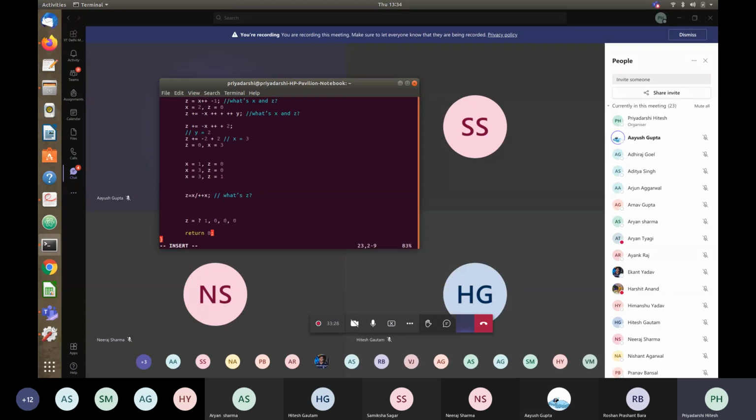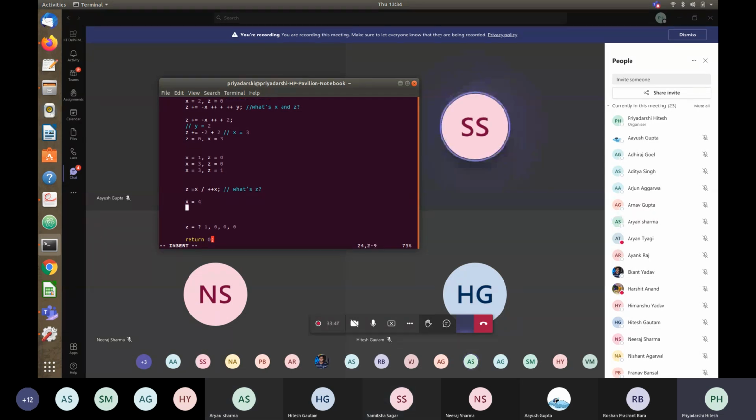So let's see what will happen first if you are going to solve it. Increment will happen first because it has greater precedence over division. So the value of x will be changed to, it was 3 initially, 4. So now what is the equation?